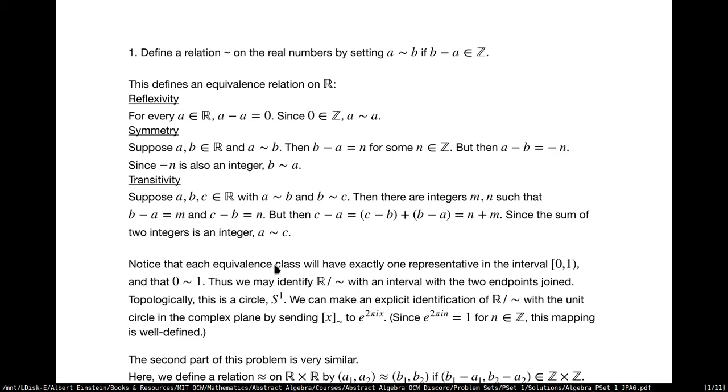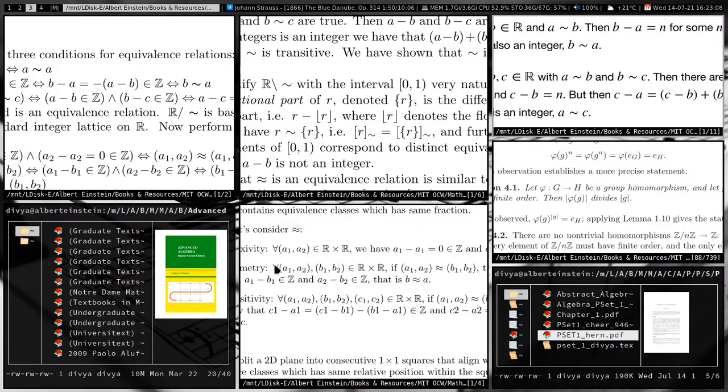He hasn't talked about groups yet, but this would give the circle the same group structure that it would inherit as a quotient group of the real line. Yeah, okay, that makes sense.